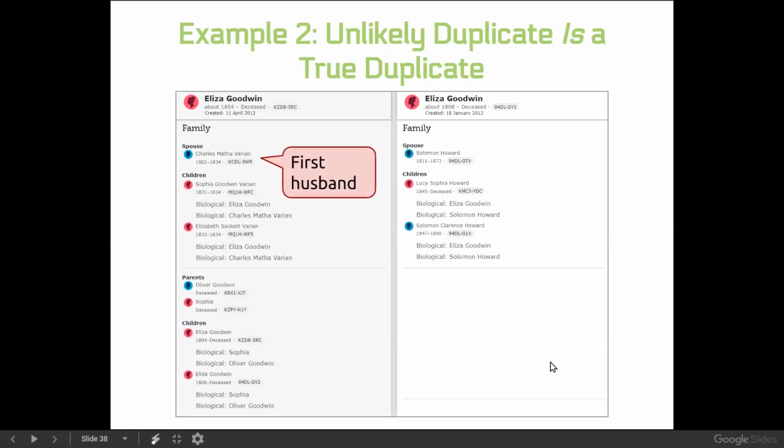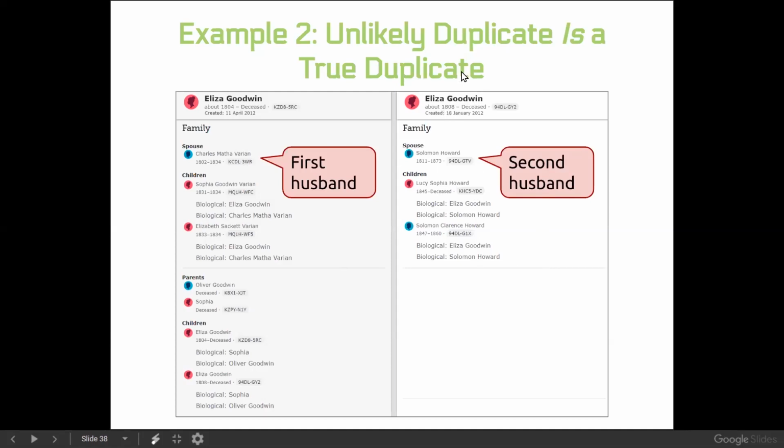Well, as it turns out, this was maybe 10 minutes worth of research. This wasn't hours and hours or months and months. Charles is her first husband. The same woman who married this Charles Varian married Solomon Howard. So that was evidence that they were the same people. And then also the children are spaced adequately so that it fits.